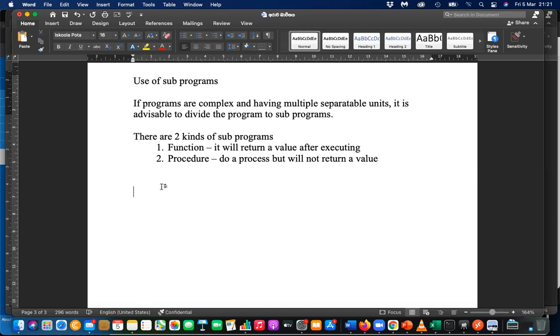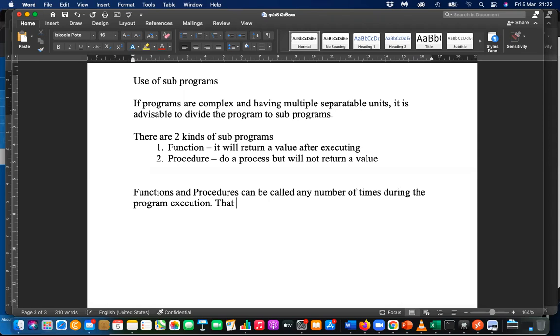Okay, so we have learned function and procedure. Next, these functions and procedures have common features: both can be called any number of times during the program execution.